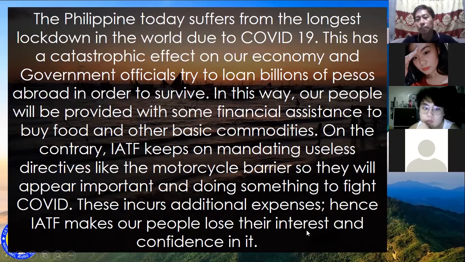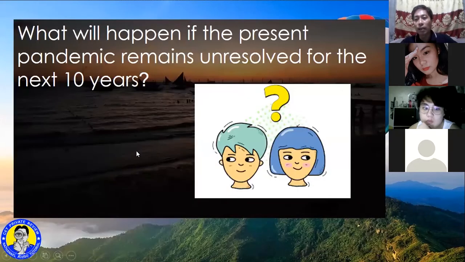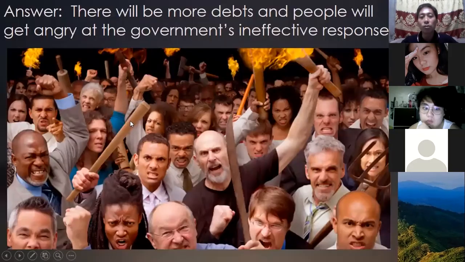So basically, this will give you points to ponder, like what will happen if the present pandemic remains unresolved for the next 10 years. So you cannot see those details being written in the passage, right? But it will encourage you to form a conclusion, which is probably there will be more deaths and people will get angry at the government's ineffective response.